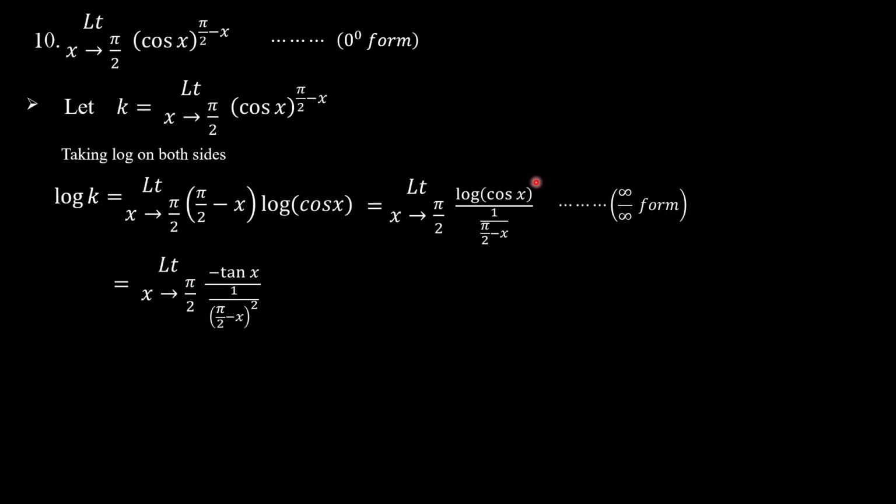Derivative of log of cos x is 1 by cos x into minus sin x divided by derivative of 1 by pi by 2 minus x, which is minus 1 by pi by 2 minus x whole square into minus 1. That is minus tan x divided by 1 by pi by 2 minus x whole square, which is equal to limit x tending to pi by 2 of minus pi by 2 minus x whole square divided by cot x.